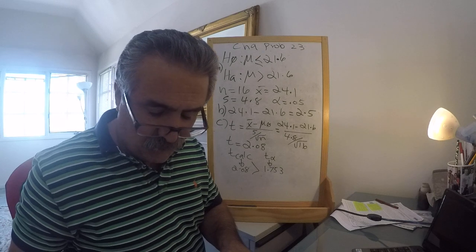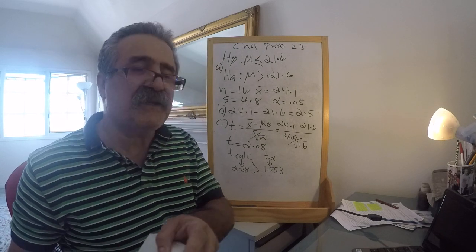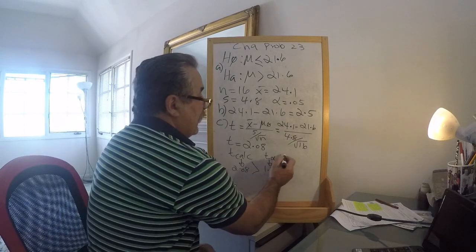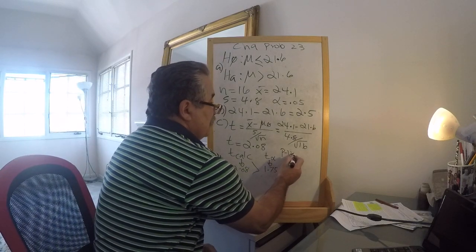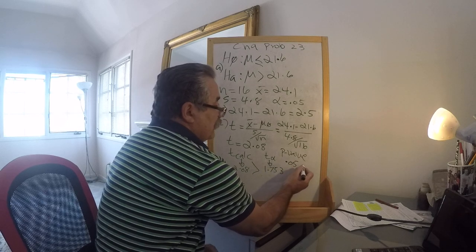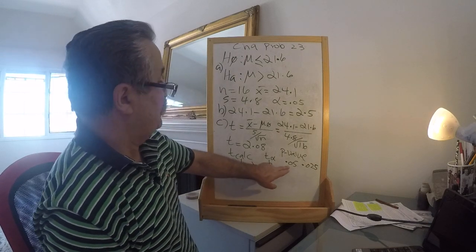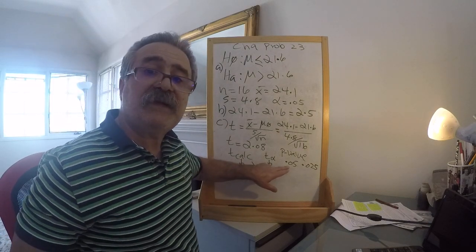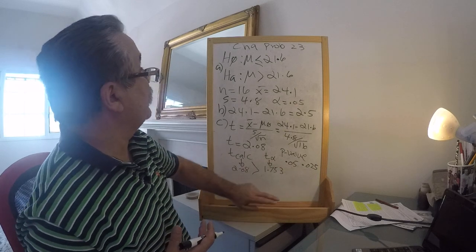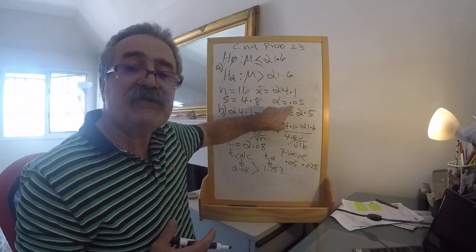It is in between 1.746 and 2.120. It's in between, so the p-value is between 0.05 and 0.025. Even if it is 0.05, still equal to alpha, and then we reject the H0.